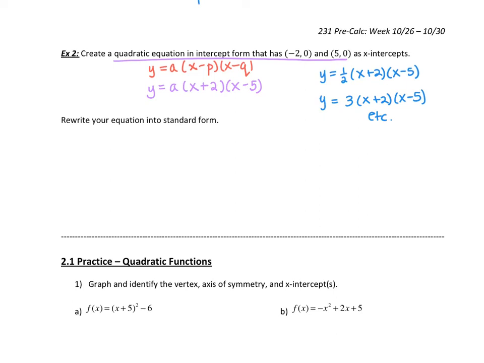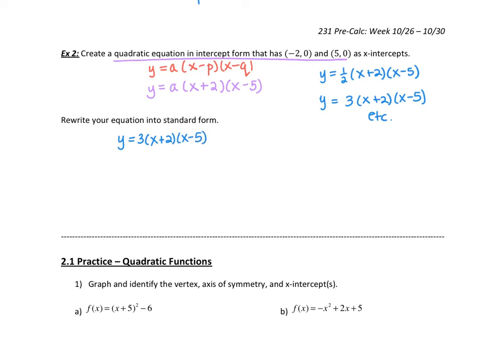And regardless of what you picked as your equation, go ahead and rewrite it into standard form. So for simplicity's sake in this problem, I'm just going to use the second one. Y equals 3 times x plus 2 times x minus 5.